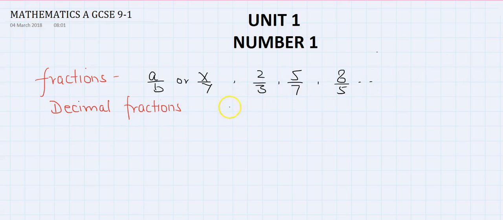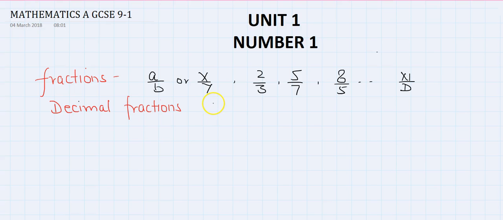We also have decimal fractions. You know that the top number is called the numerator and the bottom one is called the denominator. In decimal fractions, the numerator or denominator can be a decimal, or both can be decimals.